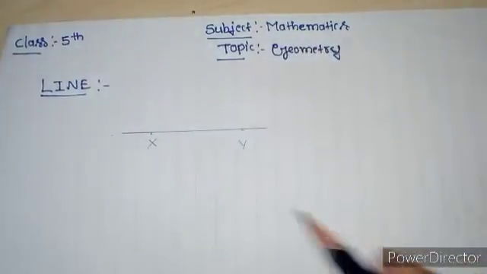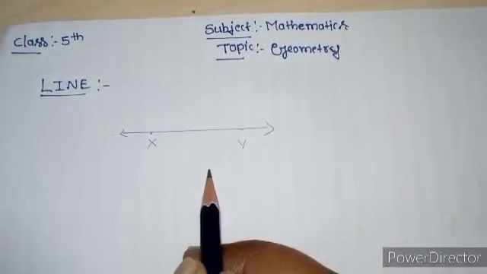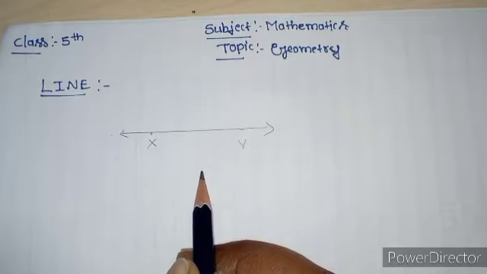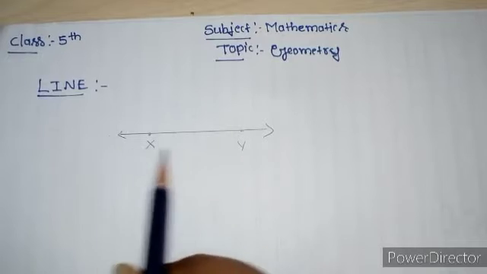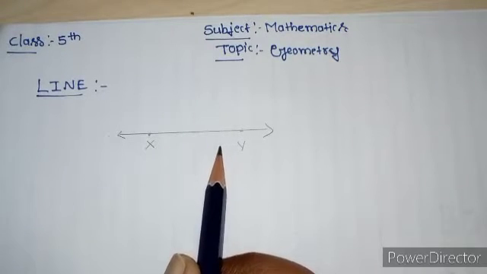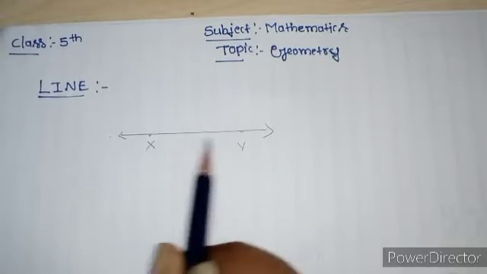So now we got line XY. A line is a collection of points extended endlessly in both directions along a straight path.